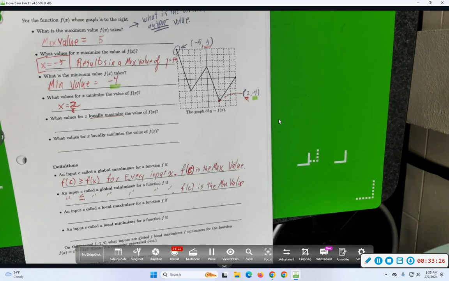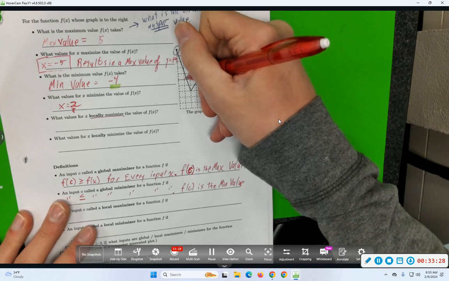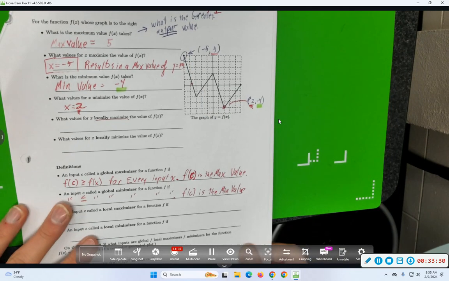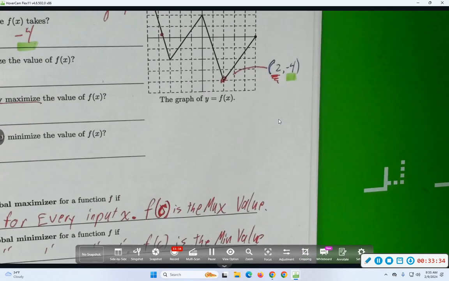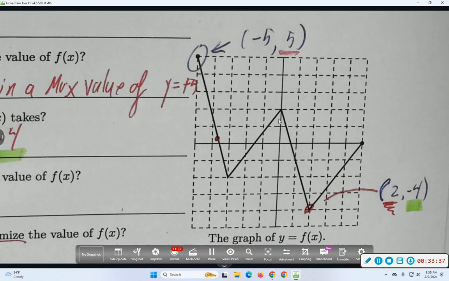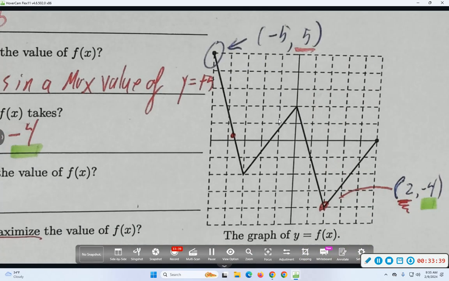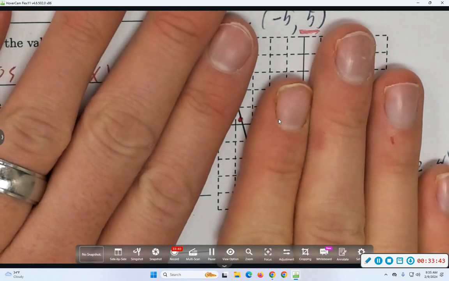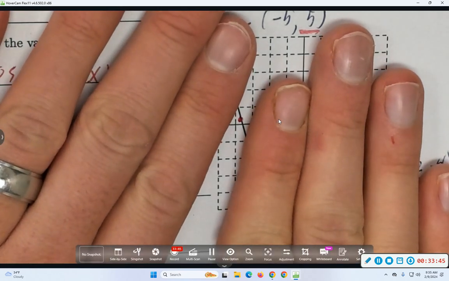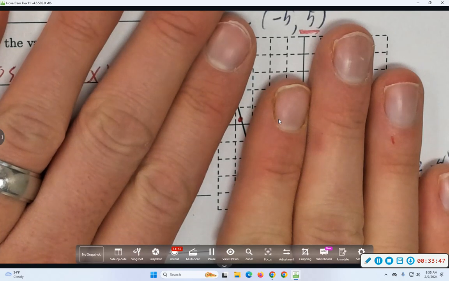So let us illustrate by doing this. What if I were to take that point on the graph and zoom in way closer? I can't now, so this is the best I can do. If you only saw that tiny piece of the graph, would you say that red dot maximizes?